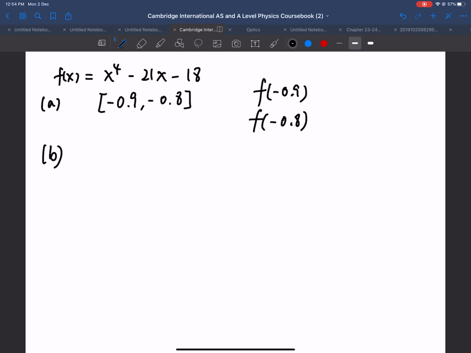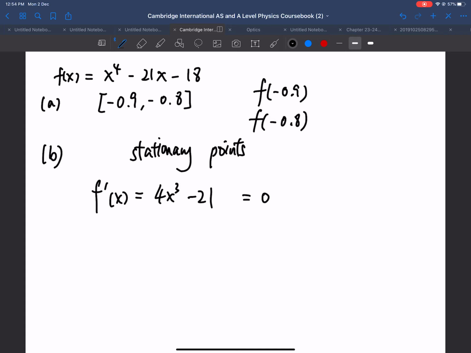For part B, find the coordinates for all the stationary points. Do you know what is meant by stationary point? Gradient is 0. So can you find the derivative of this function? It is 4x cubed minus 21, set it equal to 0 and then you can find those points. Why is it 4x cubed? Because you bring the power down.